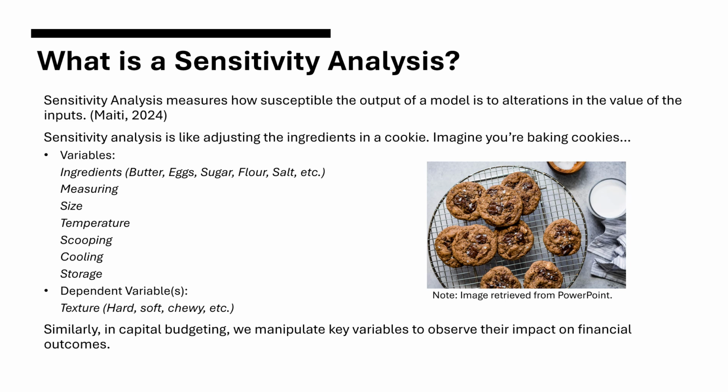How about the way you measure? The size you make the cookies, the temperature they're baked at, even the way you scoop the dough, or the way that you cool and store the cookies. Similarly, in capital budgeting, we manipulate key variables to observe their impact on financial outcomes.